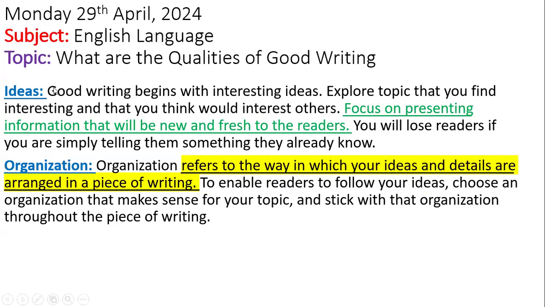And then you need to present that information in an organized fashion, right? So have a great idea, organize that great idea, and present it in a logical and systematic way. That's what we mean by organization.